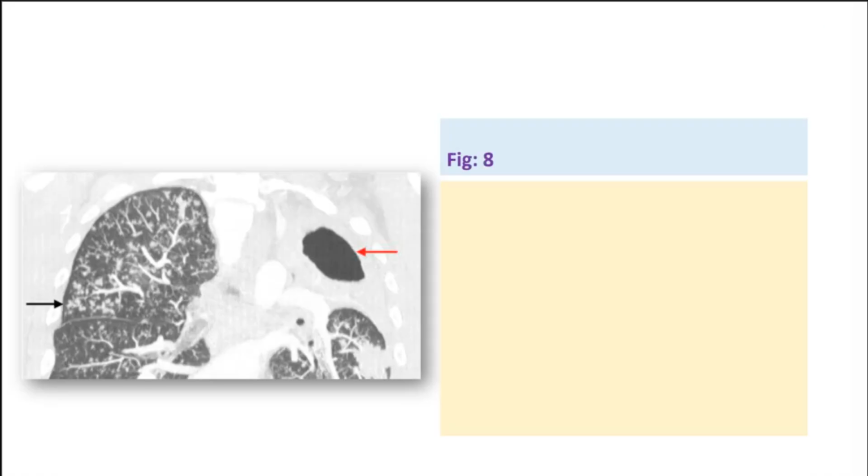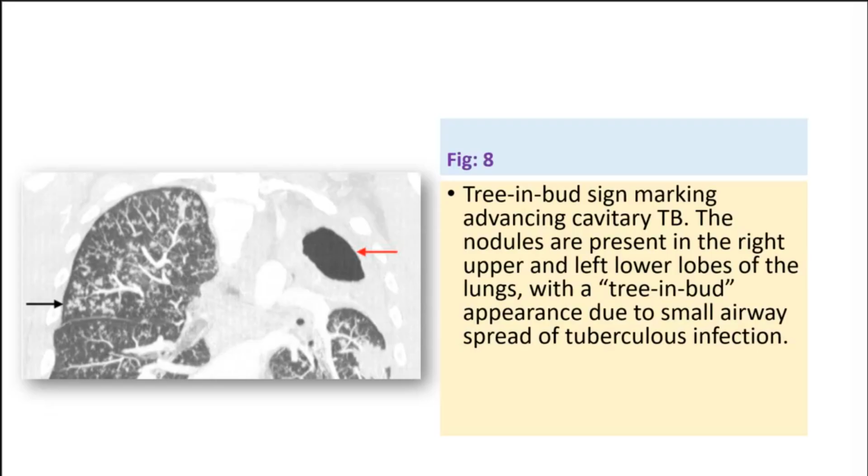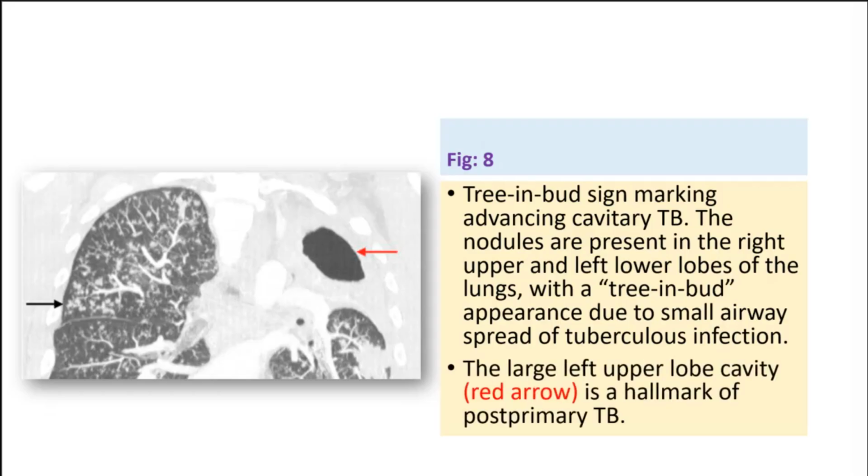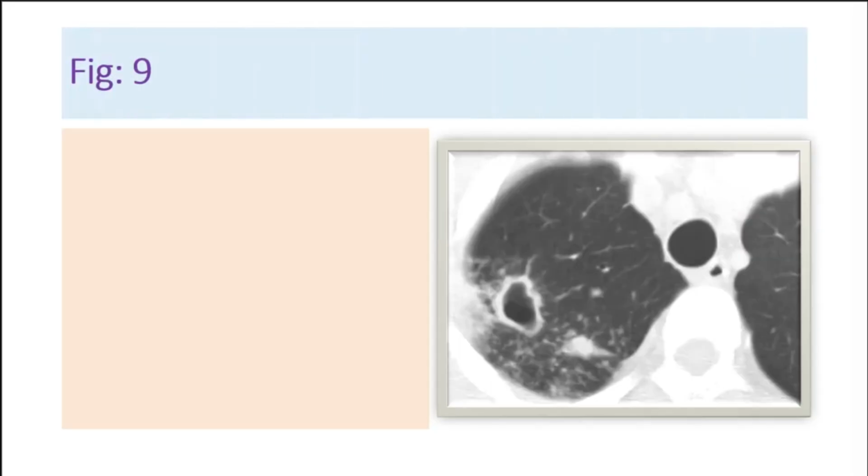Fig. 8. Tree in bud sign marking advancing cavitary TB. The nodules are present in the right upper and left lower lobes of the lungs, with the tree in bud appearance due to small airway spread of tuberculous infection. The large left upper lobe cavity, red arrow, is a hallmark of post-primary TB. Fig. 9.